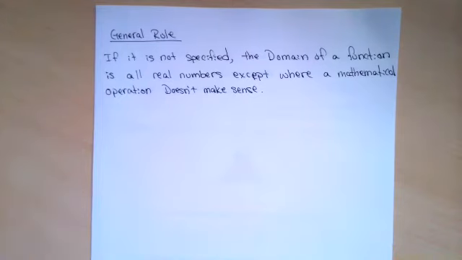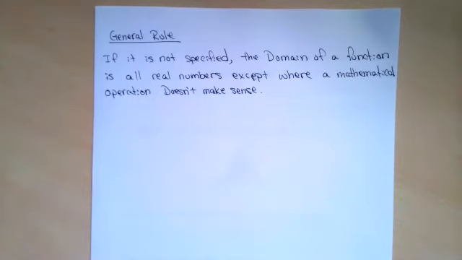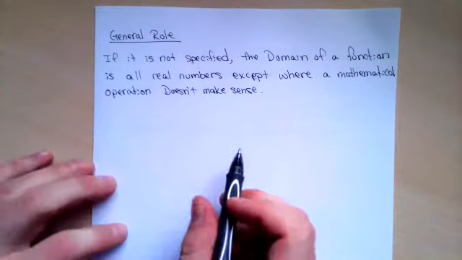But most of the times when we see a function, we just assume it's as big of a domain as we can have. And where can we not have the domain? Well, there's going to be some sort of mathematical operation that doesn't make sense. And in which point, we'll have to throw those values out of the domain.